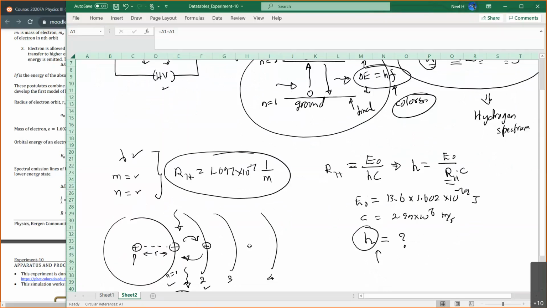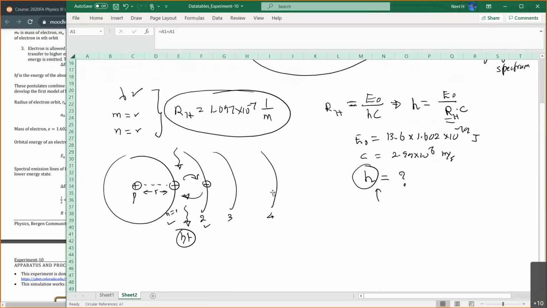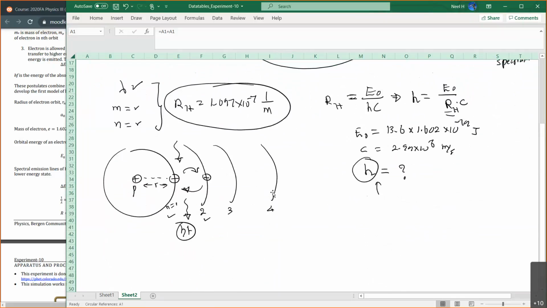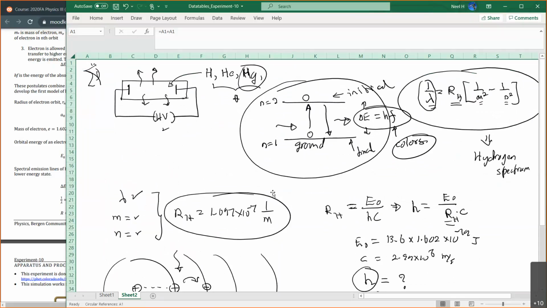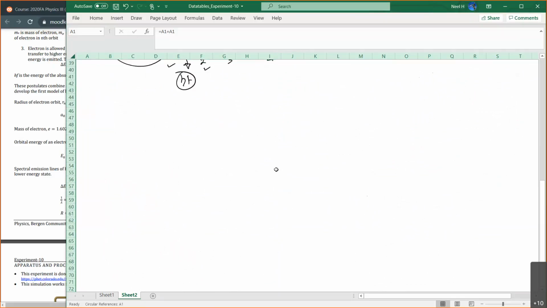Okay, then let's continue. This is a fairly short lab, and we can actually calculate this directly. Now, since I know lambda, m and n, we can calculate RH. RH is going to be equal to 1 over lambda times 1 over m square minus 1 over n square.